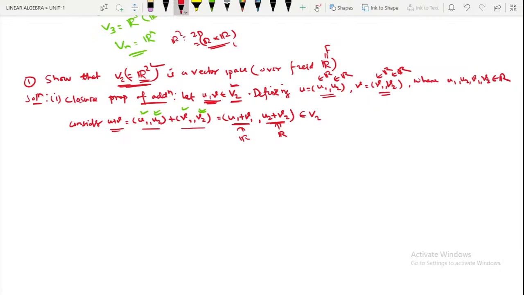If you take any two elements u and v from V2, then their sum is also lying in V2, because the sum is also an ordered pair. Thus the closure property of addition is satisfied.